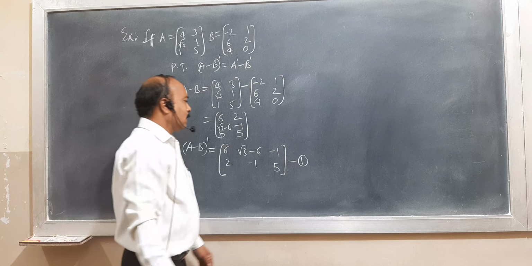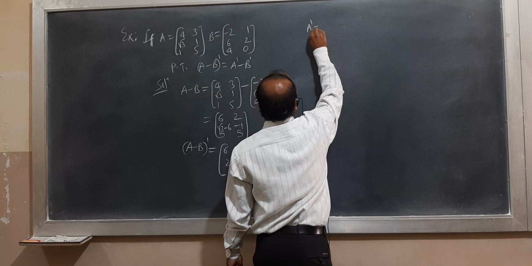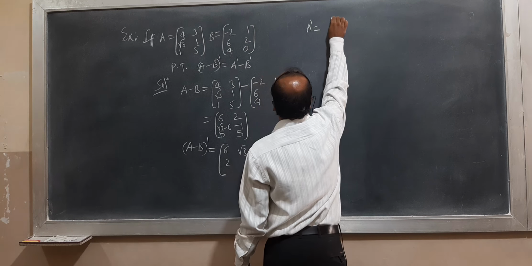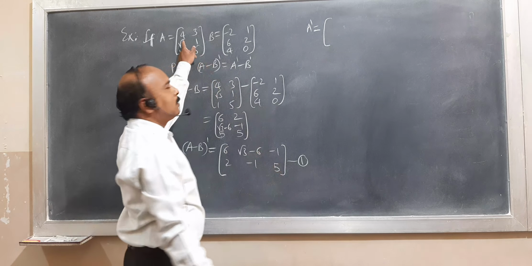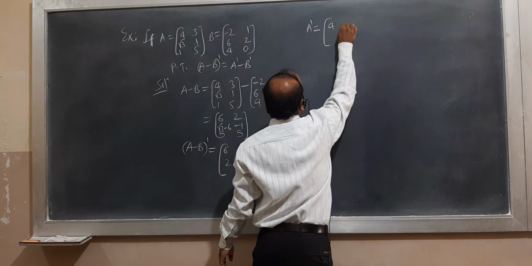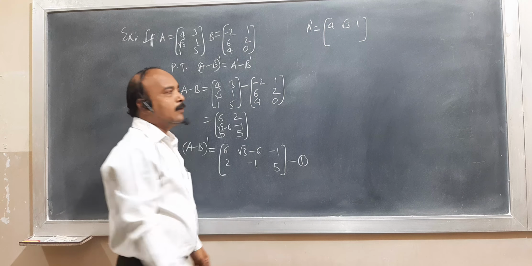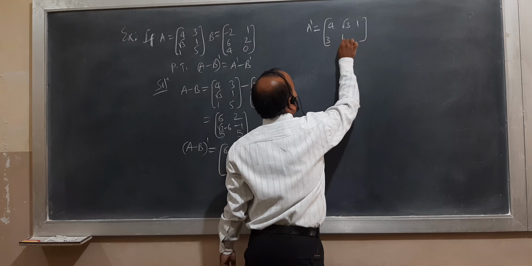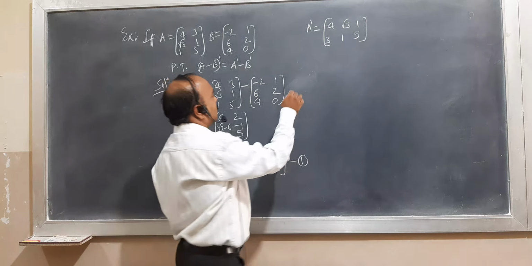Next go for RHS, that is first A dash. A dash is transpose of matrix A. Transpose of A is 4, root 3, 1 first row, second row is 3, 1, 5. Next we go for B dash.